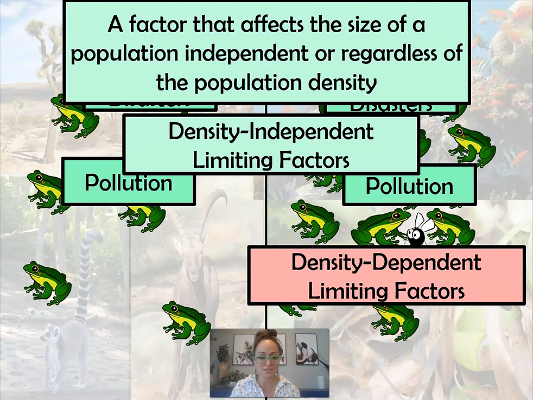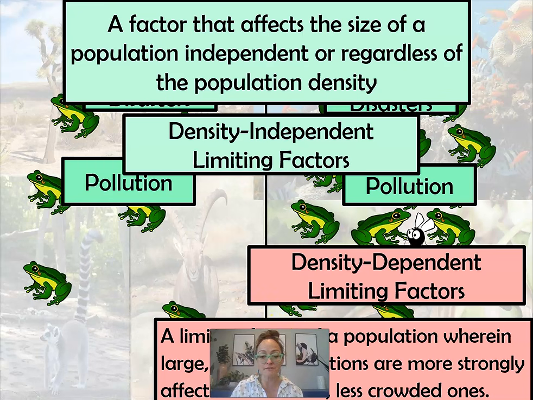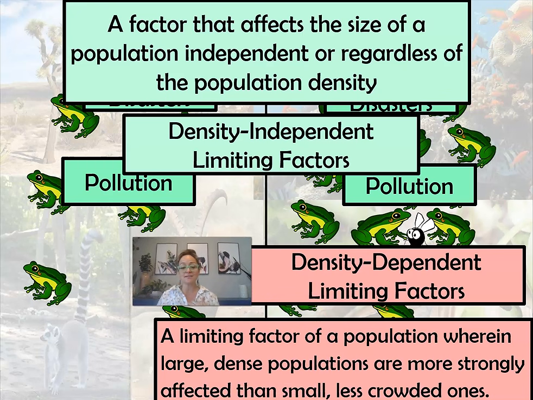So that would be your competition, your predators, your disease. Those are all limiting factors that large, dense populations are more strongly affected by compared to small, less crowded populations. So limiting factors really limit how big a population can grow, and they're divided into two categories, density independent and density dependent.